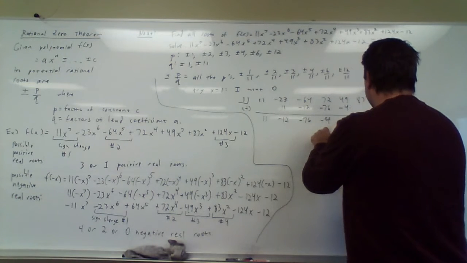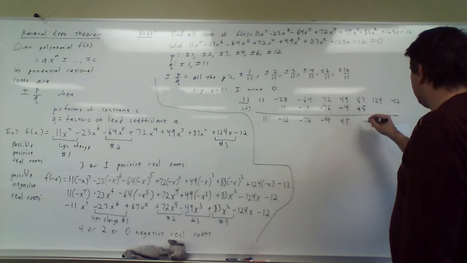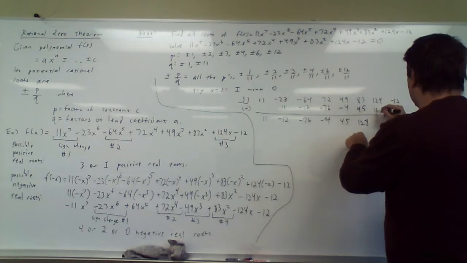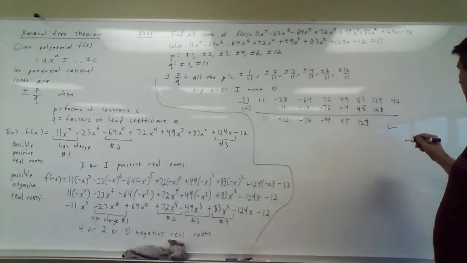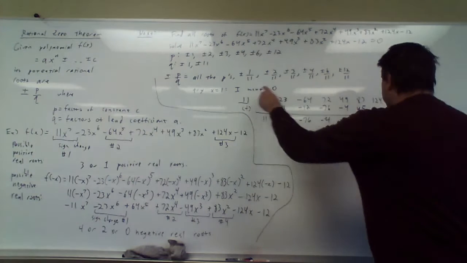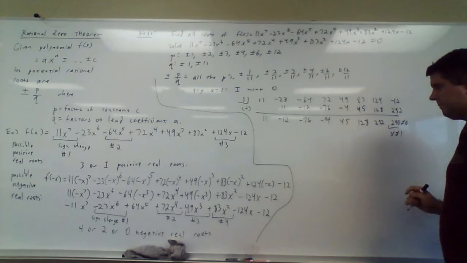That's 45. 1 times 45 is 45. That's 128. 1 times 128 is 128. That's going to be 252. 1 times 252 will be 252. That's 240, which is not 0. So x does not equal 1.